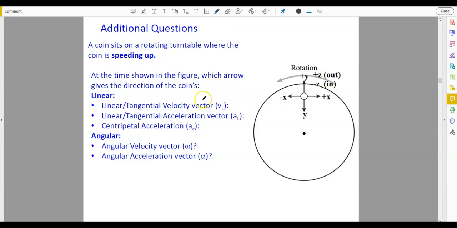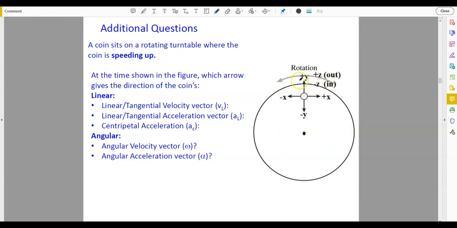So what I want you to do is answer the question for the tangential or linear velocity of the coin at this point, the linear acceleration of the coin at this point, the centripetal acceleration for the coin at this point, and the angular velocity and angular acceleration of the coin and turntable during this entire time. Okay? So go ahead and pause the video and try answering each one of these questions. Okay?